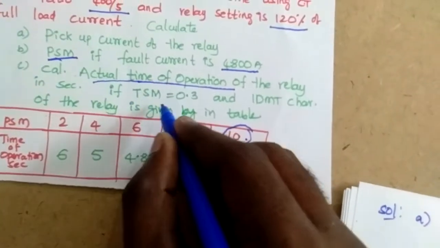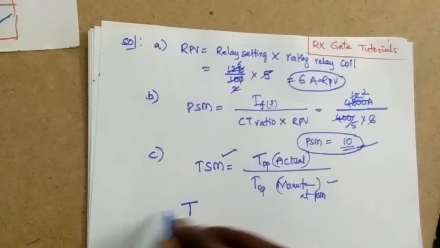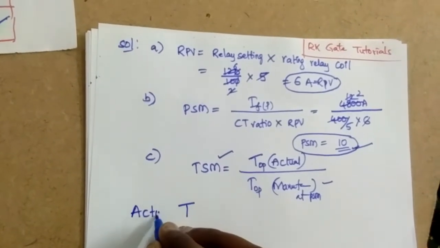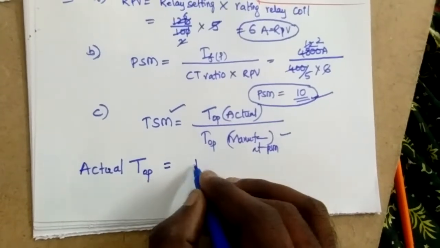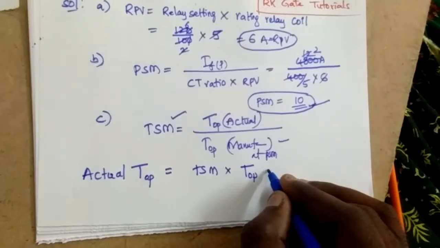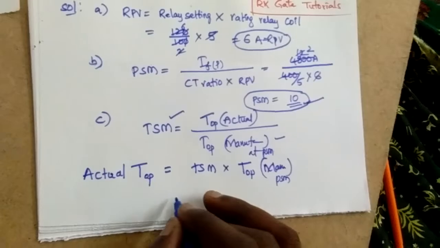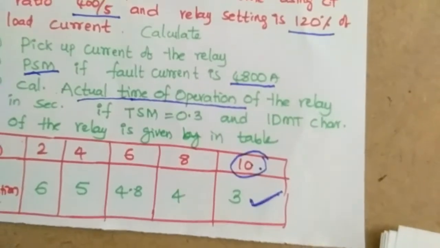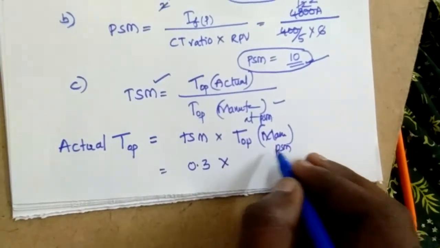And we know the TSM, so we can easily find this. The actual time of operation is given by the TSM multiplied by the time of operation specified by the manufacturer at the given PSM. TSM is given as 0.3, multiplied by the time of operation from the manufacturer's table.